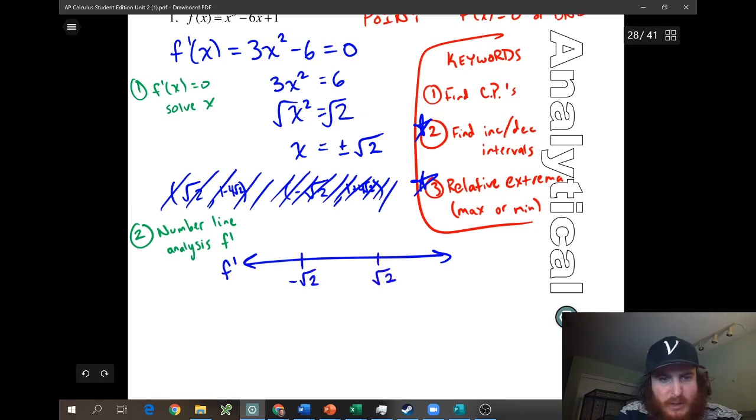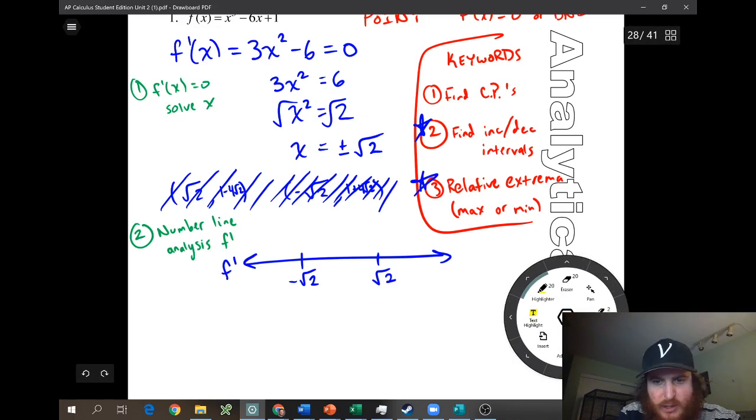Now, you read left to right, right? The left side is like at negative infinity. The right side is at positive infinity. So we always go smallest to biggest values. So now on our number line analysis, what we're looking for is: are our values of f prime positive or are they negative? And if you look, we kind of have three sections on this graph.